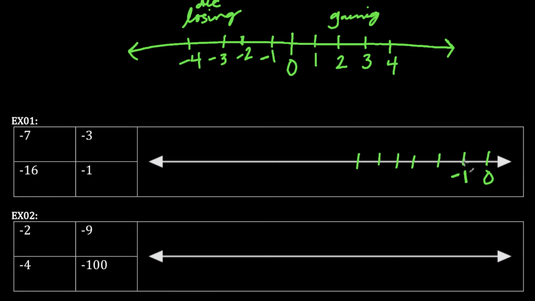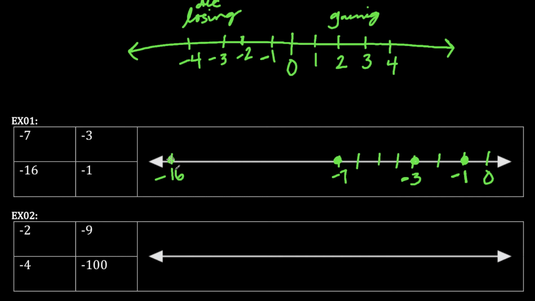So that's -1, and -3 would be right here, and -7. It doesn't matter. Remember, you're just going to show that it's somewhere over here. This doesn't need to be perfect, as long as you're showing the general relationship.